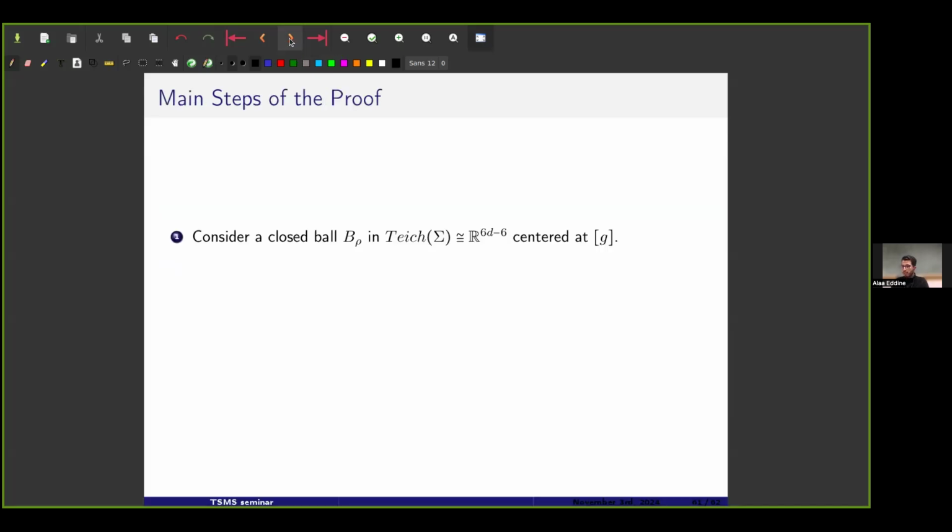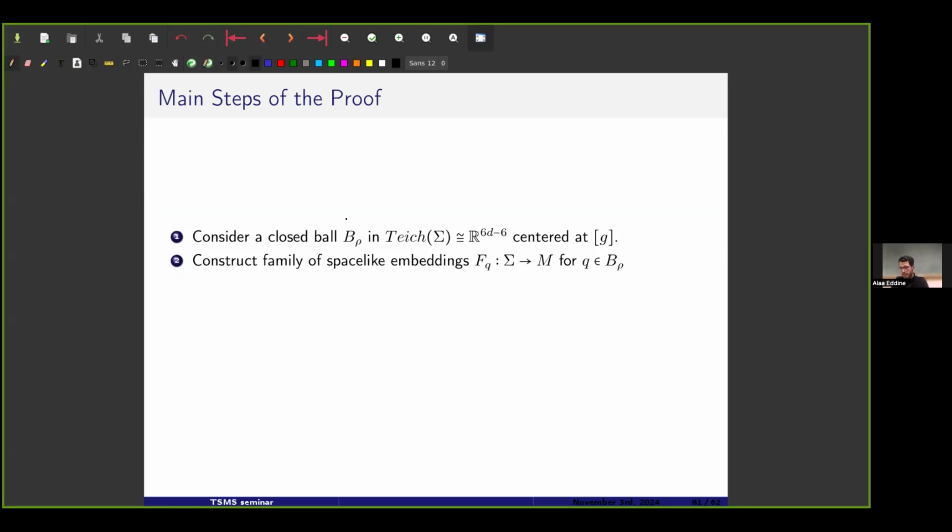So first of all, we will take the Teichmüller space, which is diffeomorphic to Euclidean space. We will take a closed ball centered at the conformal class that we want to realize. For this closed ball, we will find a section of metrics from the Teichmüller space. So we can see it as a set of metrics that represent this ball.